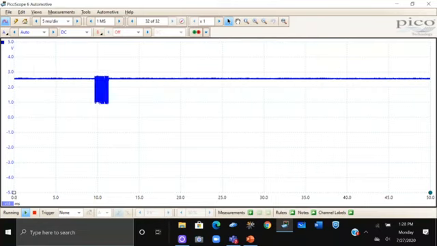Those signals are coming by real fast, but what's happening here is these are a series of packets.